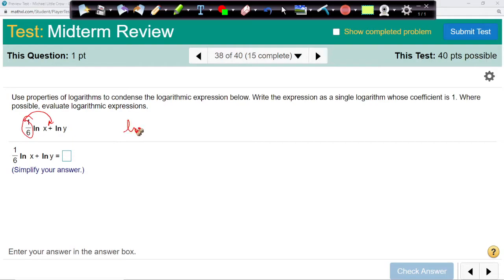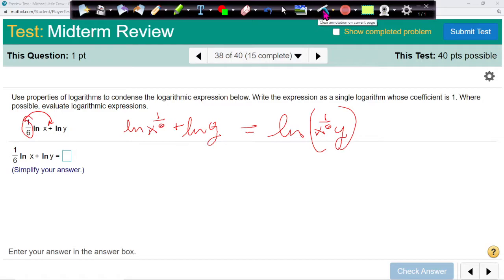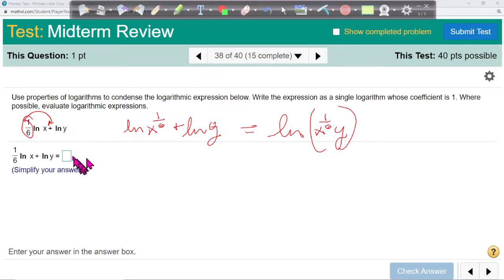So we get natural log of x to the 1/6 plus the natural log of y, and now we can multiply these. We get a single logarithm with x to the 1/6 times y. That's it. That's as simple as we can make it.